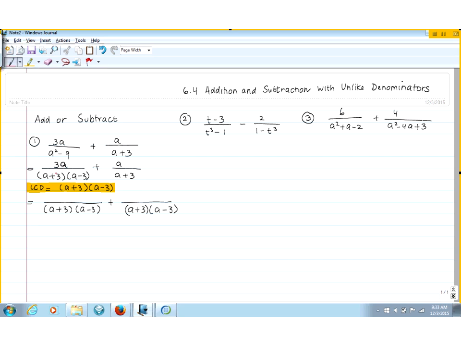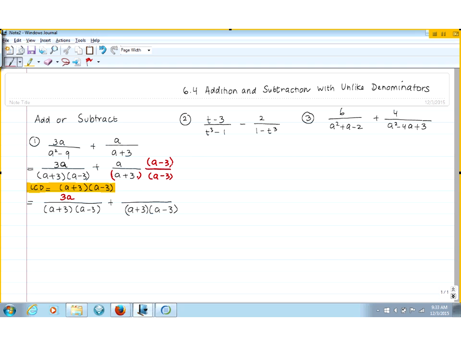On the bottom I already have a plus 3, a minus 3. What's on top? 3a. So we copy. How about this one? Is it missing something? Yes. Which one is it missing? A minus 3. So I have to multiply a minus 3 on the bottom and also on the top.